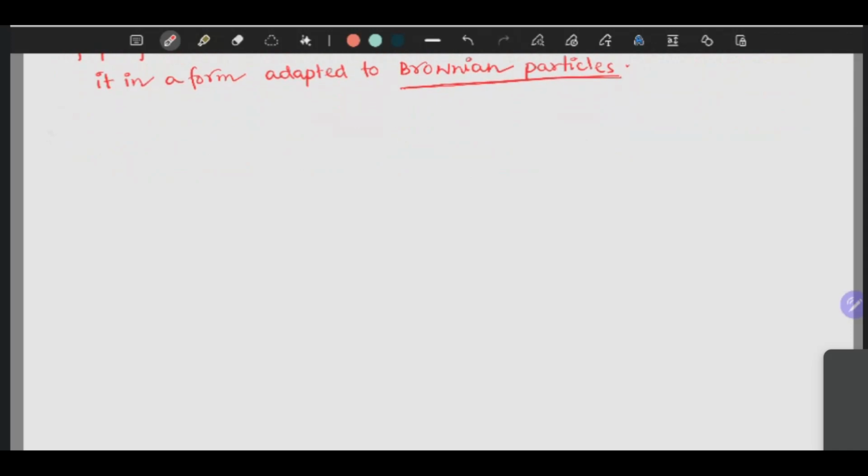So let's get this time correlation of generalized random forces.